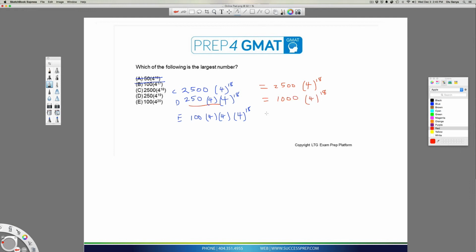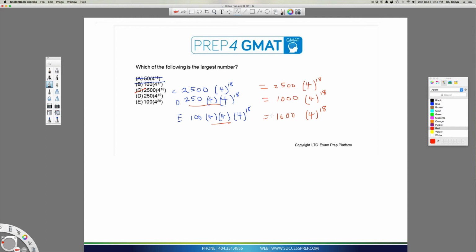For E, 4 and 4 is 16, times 100, that's 1600 4 to the 18s. Now it's easy to tell that the largest is going to be C, because C has 2500 4 to the 18s, while D has only 1000 and E has 1600.